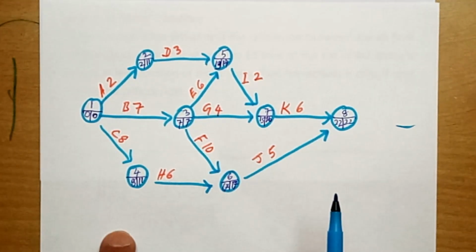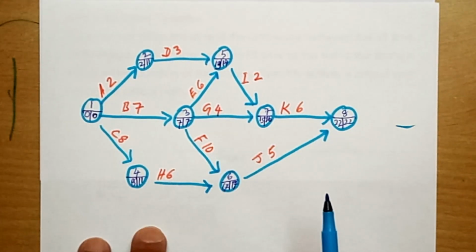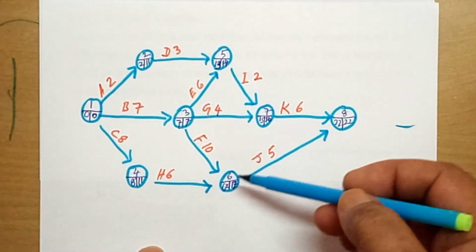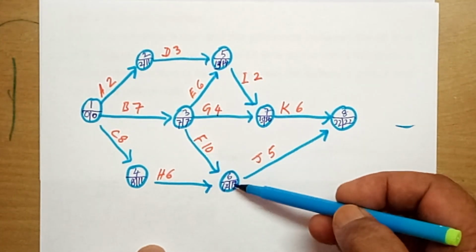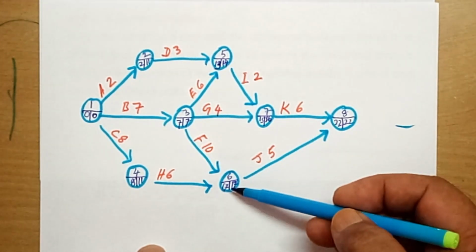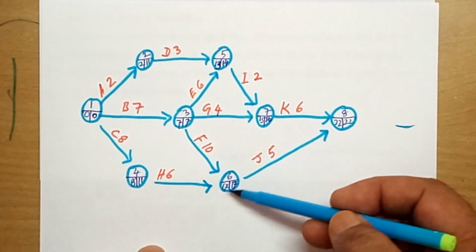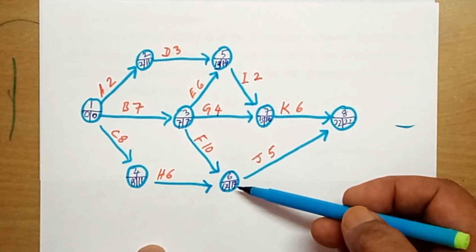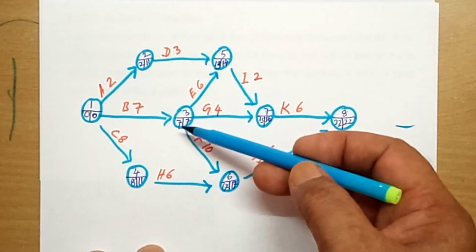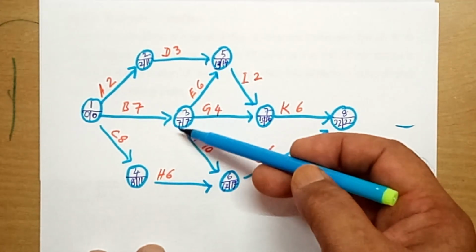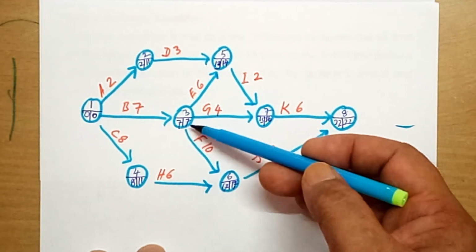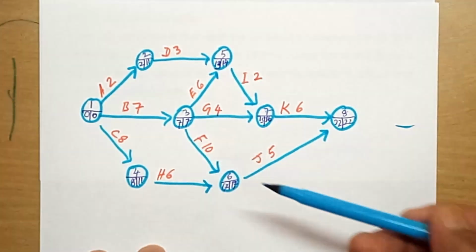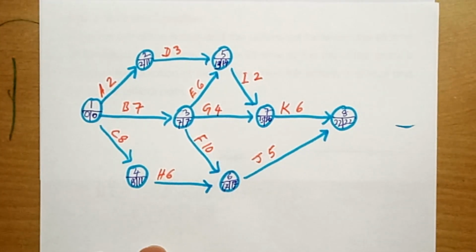It is a necessary condition, it must be met. The head of the arrow will have the same earliest start and latest finish time, and the tail of the arrow also will have the same earliest start time and latest finish time. Clear?